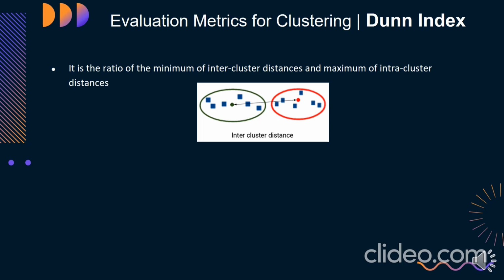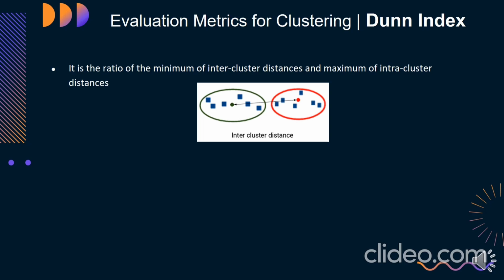The Dunn index is the ratio of the minimum of inter-cluster distances and the maximum of intra-cluster distances. We want to maximize the Dunn index. The more the value of the Dunn index, the better the clusters will be.